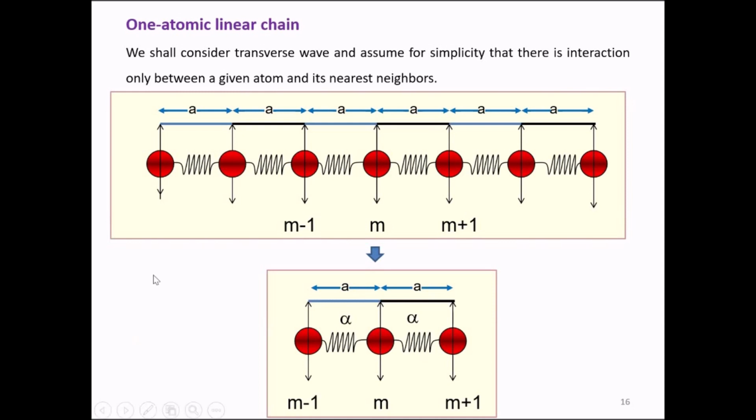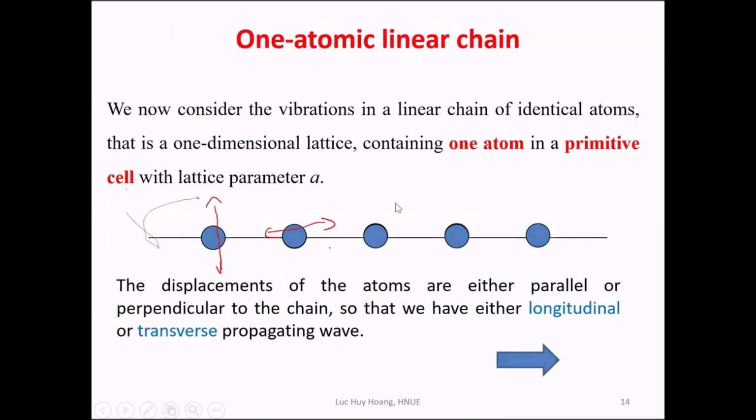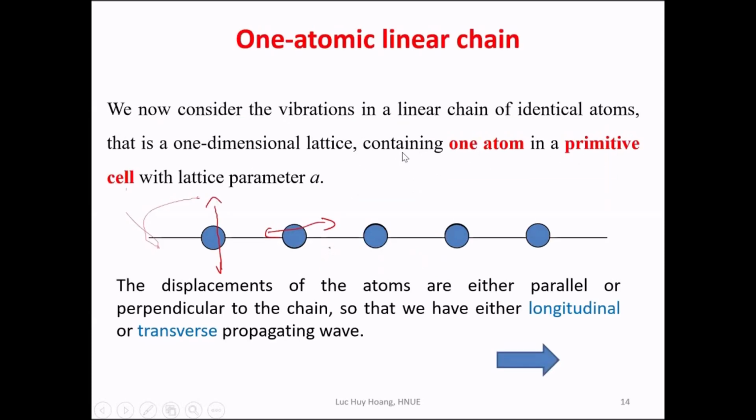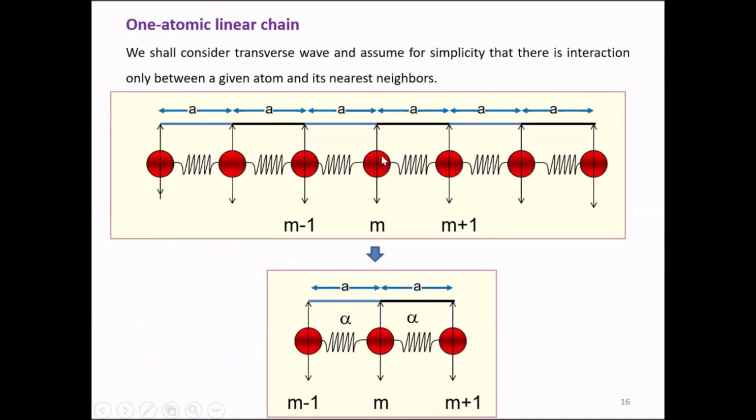We can see from this slide the atom with mass m. In the equation before we had an extra index, but it no longer exists because now we consider only one dimension.